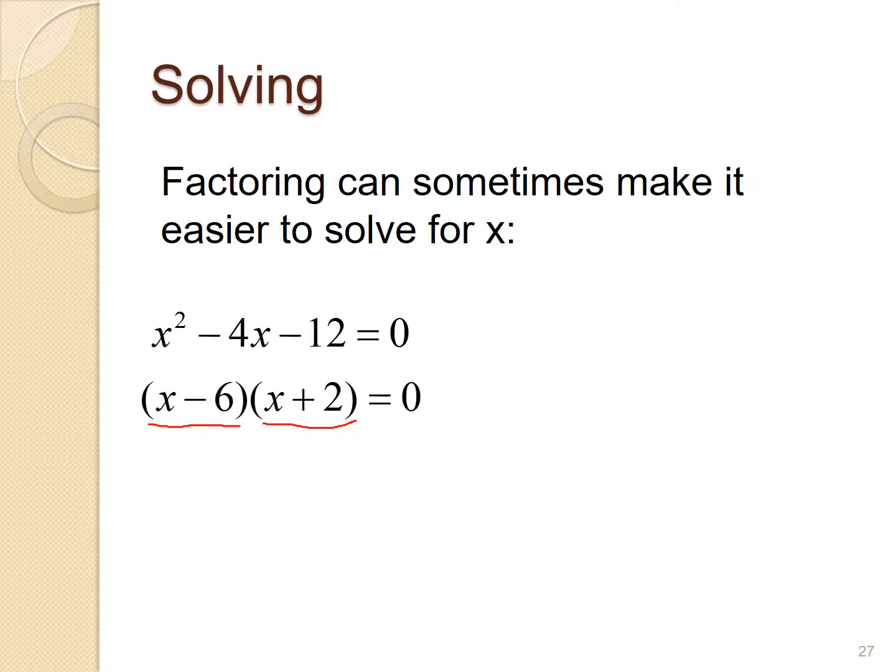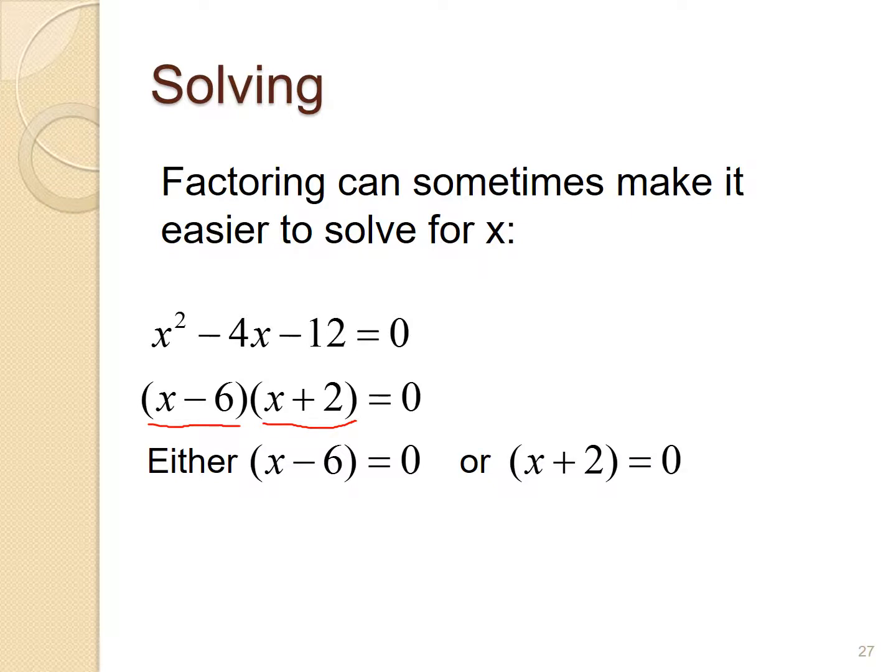We don't know which one it is, so what we do is we set both of them equal to 0 and do it separately. That the x minus 6 is equal to 0, because that would give us 0 in the equation above, or the x plus 2 is equal to 0, and that would tell us that the second term is 0, so the whole thing is equal to 0.